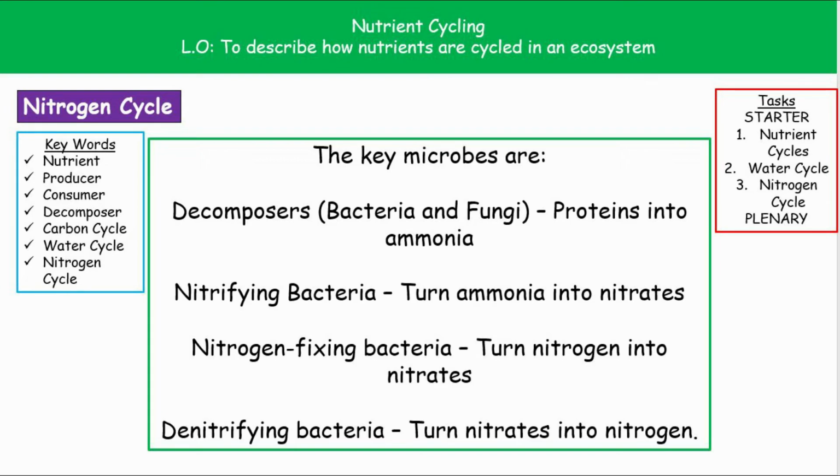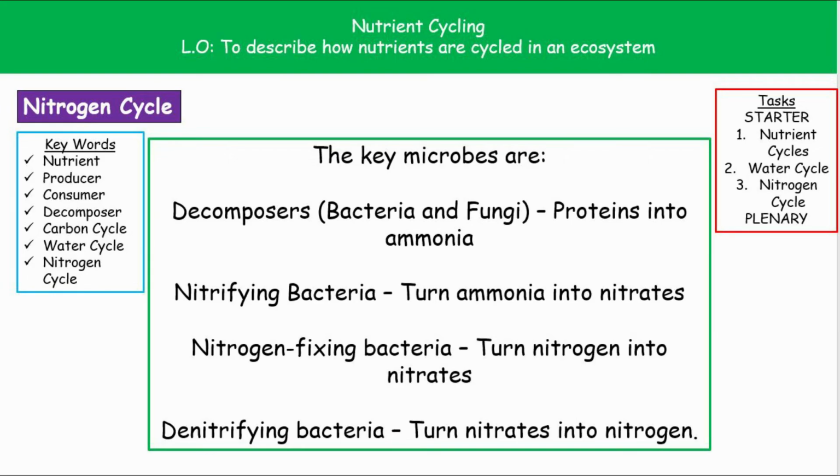The nitrogen fixing bacteria turn nitrogen gas into nitrates, and the denitrifying bacteria turn the nitrates into nitrogen. So these 4 groups of microbes are really important, so you need to know their names and what they're converting into what. If you've got that, you've got the vast majority of the nitrogen cycle sorted.